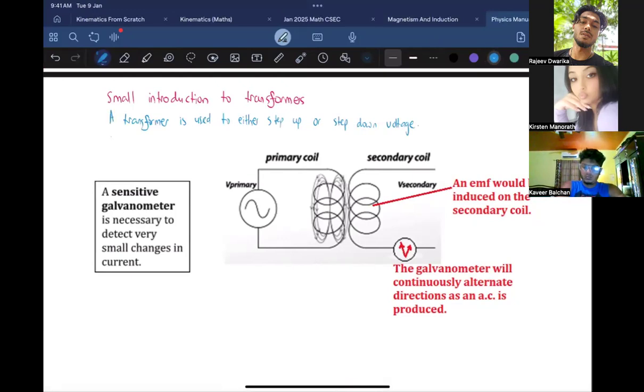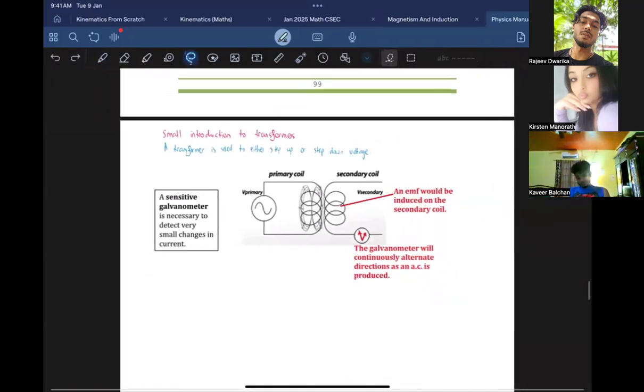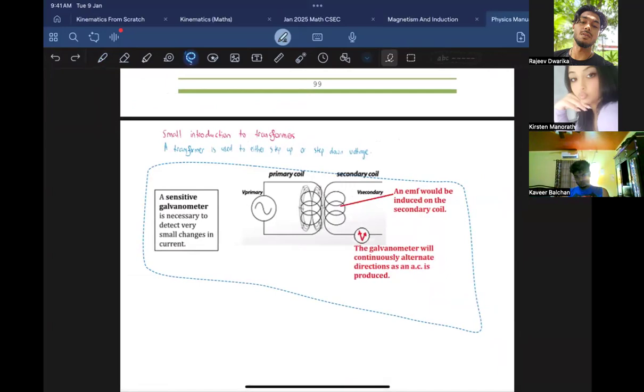Right? Transformers. Wait, don't copy down anything just yet. Give me a second.